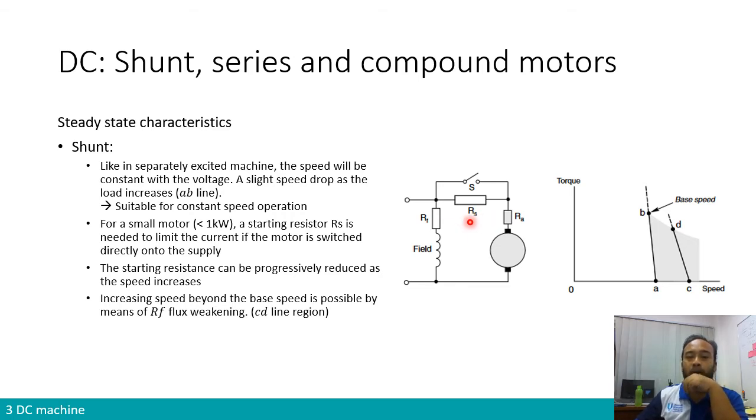Okay, so why do we say that the starting resistor is usually used for a motor smaller than 1 kilowatt? It is because the power rating of the resistor depends on the power rating of the motor. When you have a variable resistance, usually it also has a certain range, right?